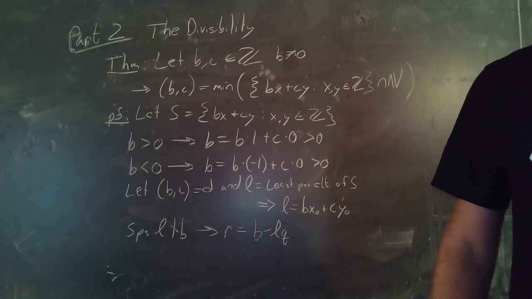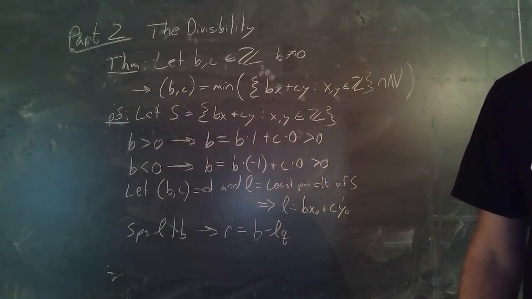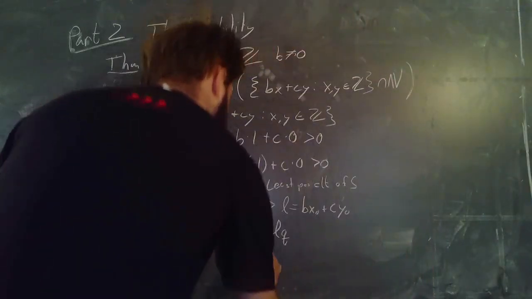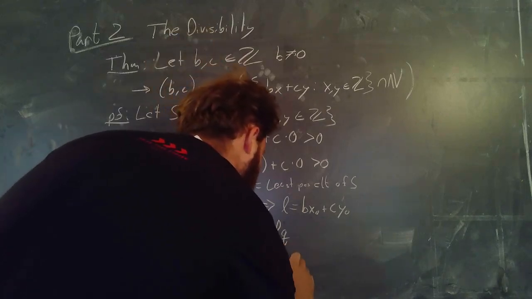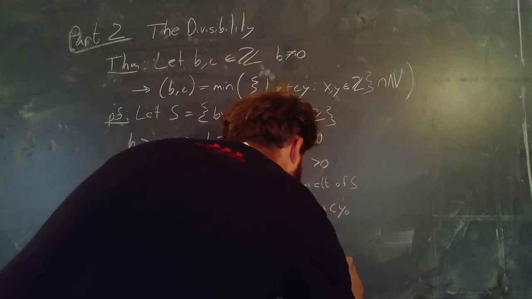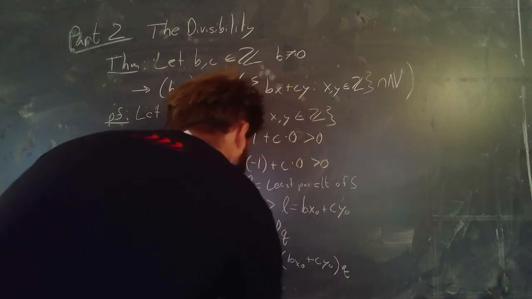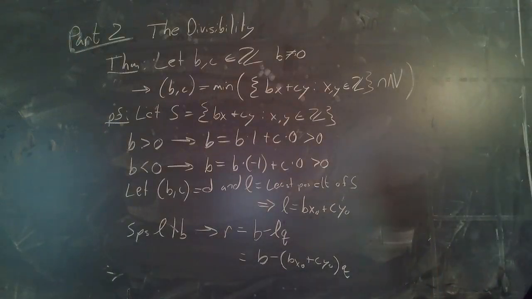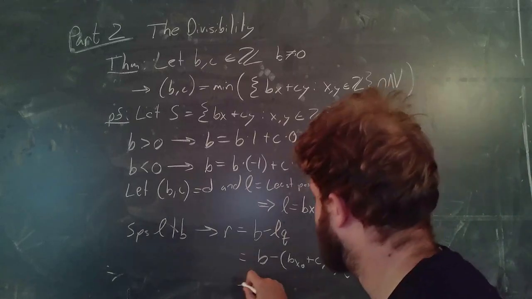Now notice here, because we have the ability to express L as bx0 plus cy0 from the proposition, we can write this as b minus bx0 plus cy0 times q. What's further here is that we can do a little bit of rearrangement so that we get this statement.